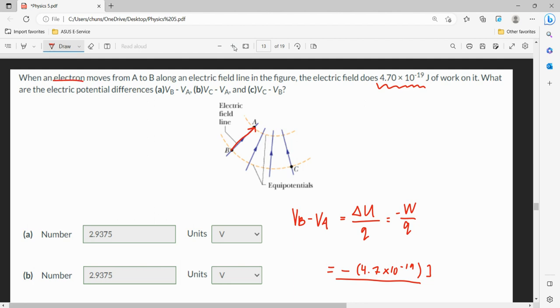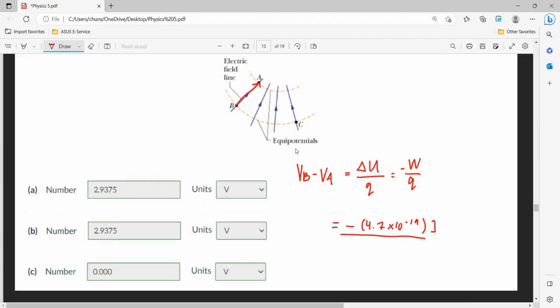And these are electrons, so this is over negative 1.6 times 10 to the negative 19 coulombs. That's 4.7 divided by 1.6, and that is equal to 2.9375, which you can see we got in our first part.